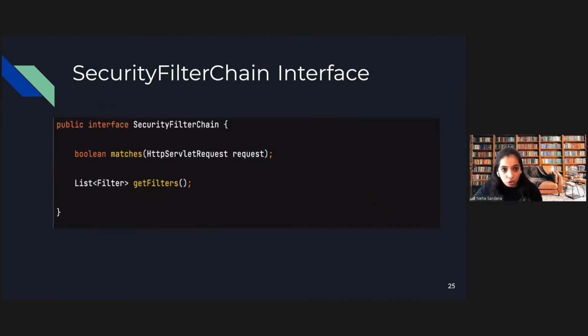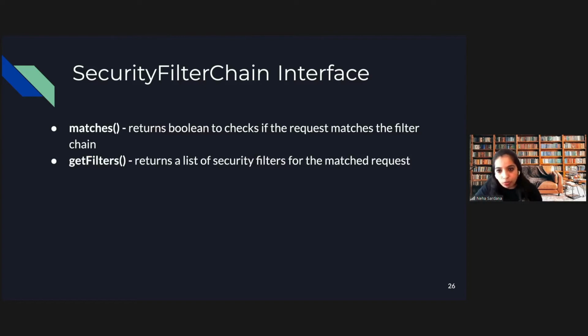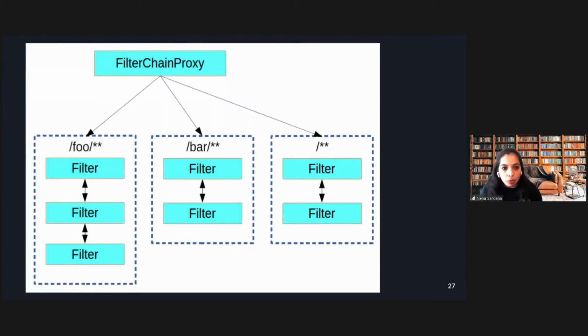So we'll look at the security filter chain that I talked about. It has a matches method, and based on the request, if it matches the URL, it gives you a lot of filters to execute. So each security filter chain will get you multiple filters as well. This is the method signature. It returns a boolean to check if the request matches the filter chain or not, and then it returns the list of security filters for the matched request.